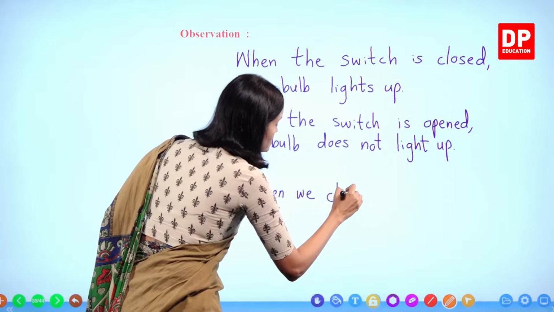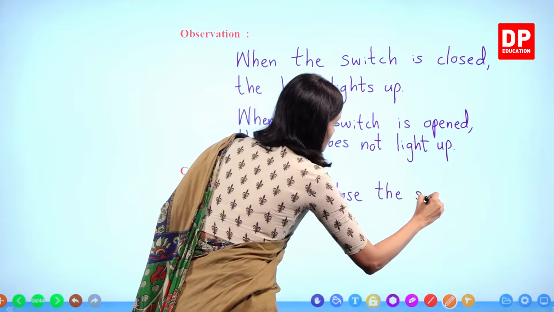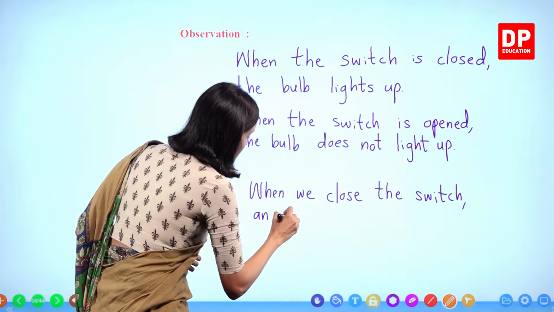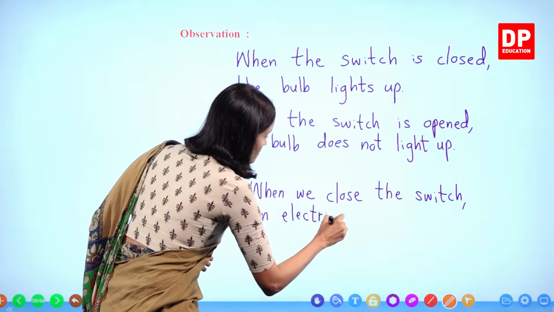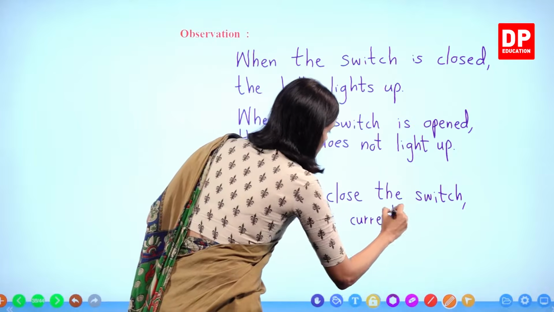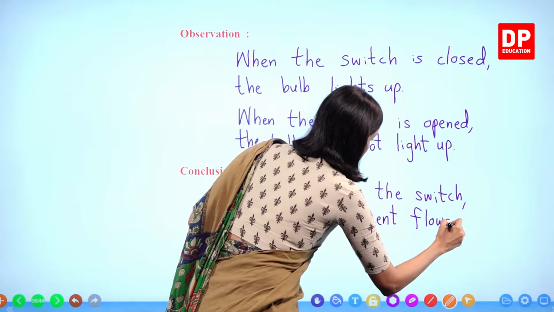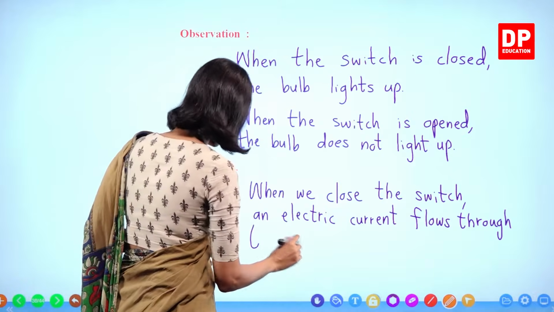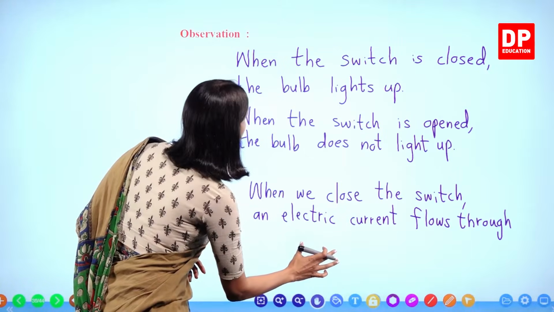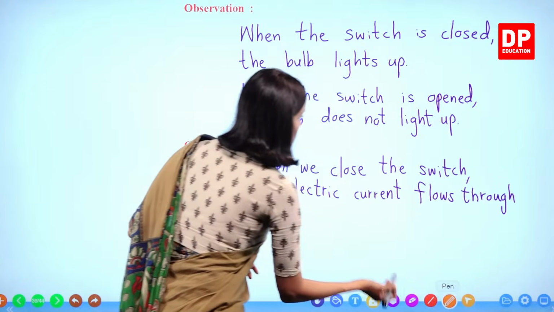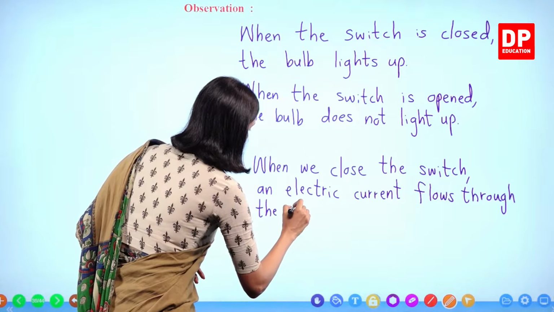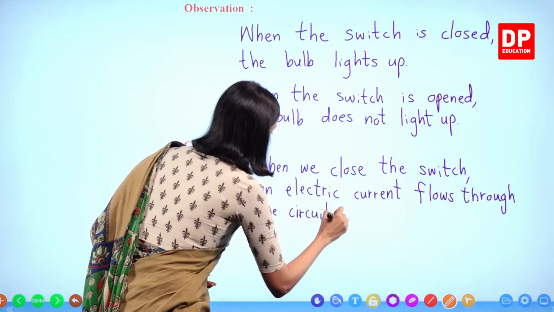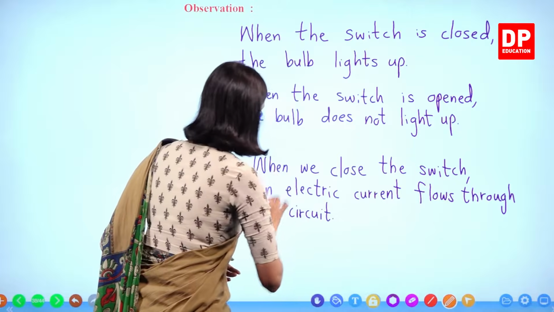When we close the switch, an electric current flows through the circuit.